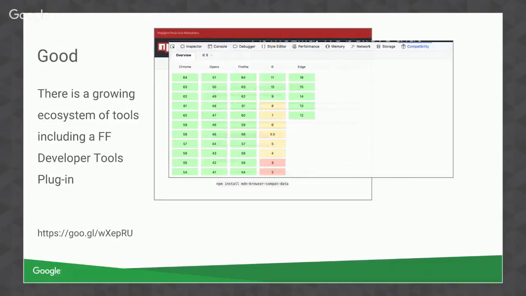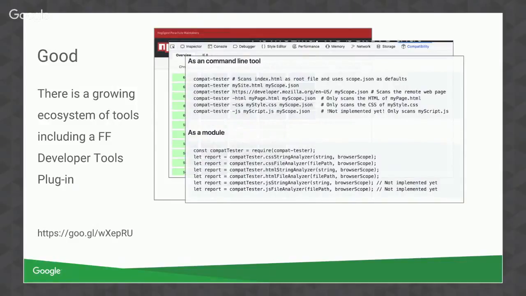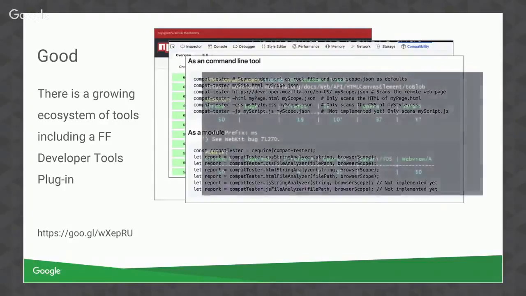A coworker of mine is currently working on a port of this tool to Chrome's own DevTools console. This is a command line tool that lets you query about specific information. It can also be imported into a project.